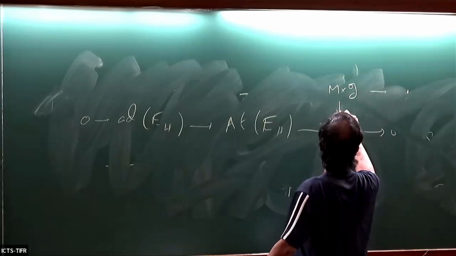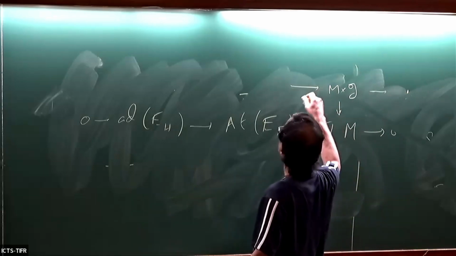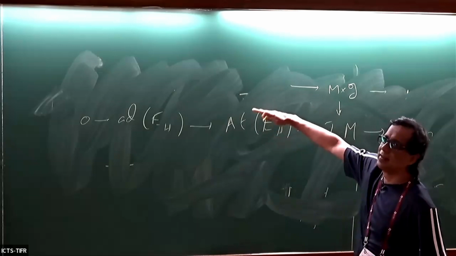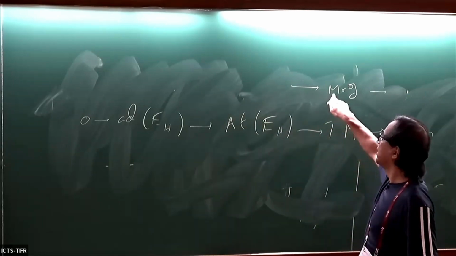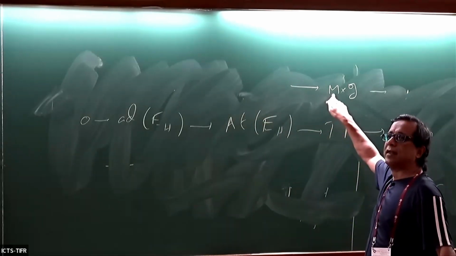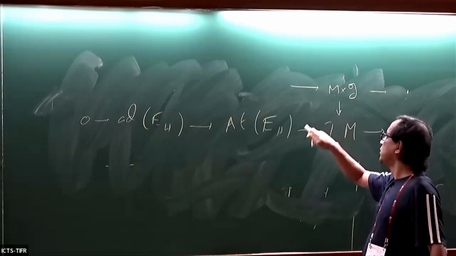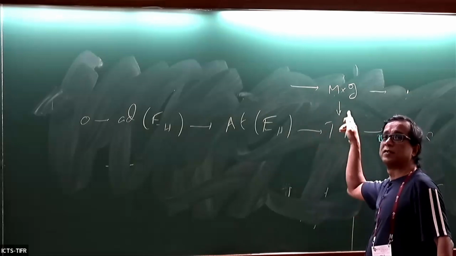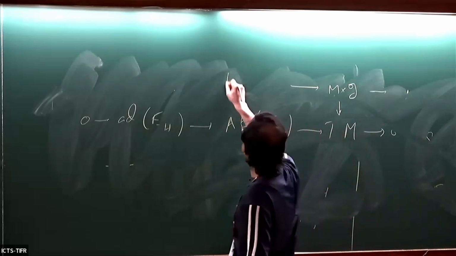This is the beta map. Now I can pull back the exact sequence. That means I take the direct sum of these and take the subsheaf of that where the two maps coincide. That is denoted by Atiyah.